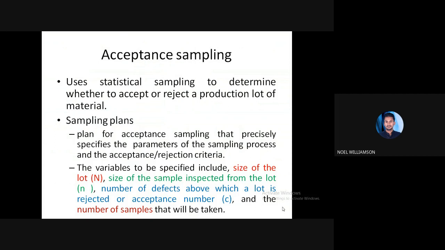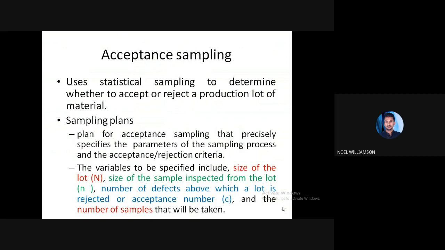So acceptance sampling uses statistical sampling to determine whether to accept or reject a production lot of material. That means using the theory of statistics, we do the sampling to determine whether we have to accept or reject a lot.